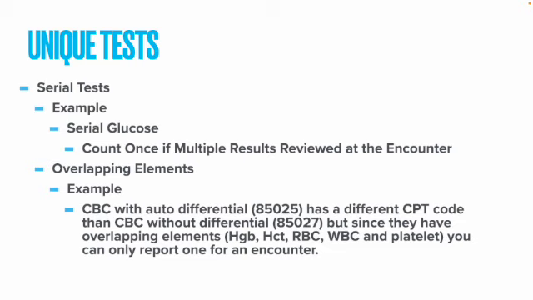And the reason why is because they have so many overlapping components. Both of them have a hemoglobin, hematocrit, red blood cell, white blood cell, and platelet. The only difference is one comes with auto diff and one does not. So they have in their guidelines that you would not report them both. You only get credit for ordering one.